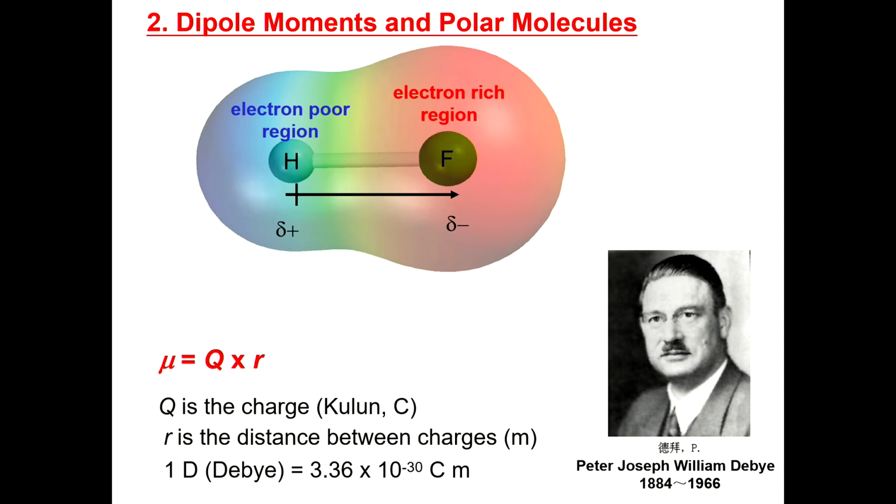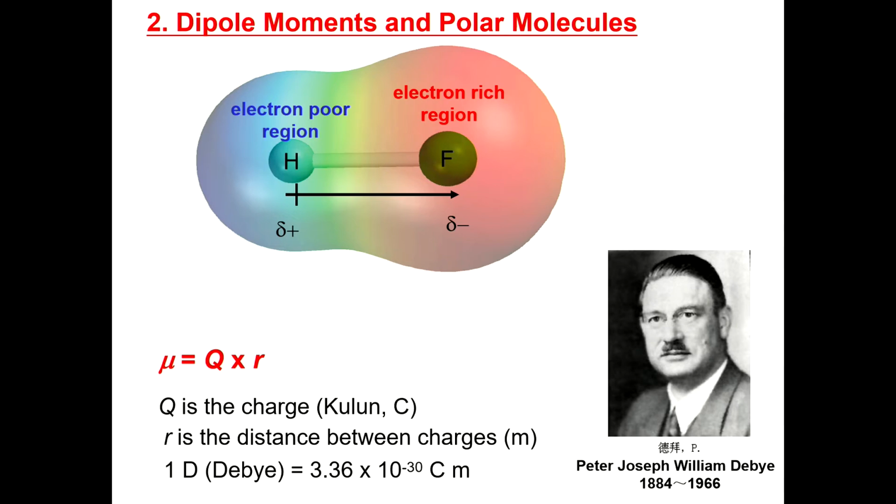After we know its molecular geometry, we can determine whether the molecule is polar or not. We know that a covalent bond may have a dipole moment. The dipole moment we can write as mu equals q times the distance, where q is the charge.